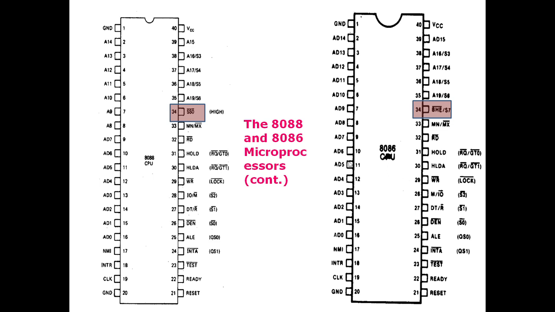So when 16-bit data is accessed, the high part of the bank, or the high part of the 16-bit data, should be enabled, and that is done with this pin.